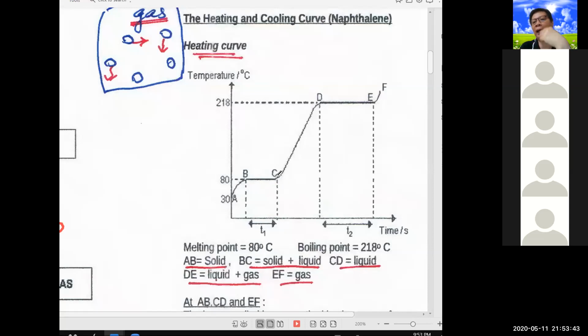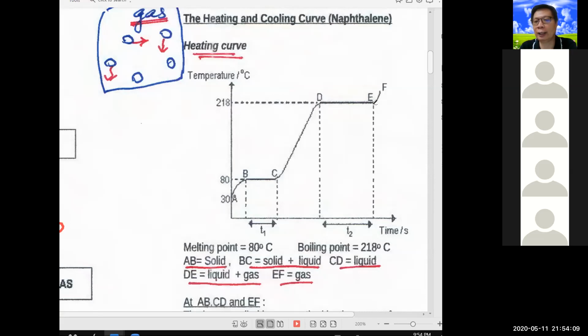You continue to supply the heat, so the temperature goes up to 218. Then here, it wants to change to gas. DE is the boiling point, 218 degrees. It starts to boil, changing from liquid to gas.